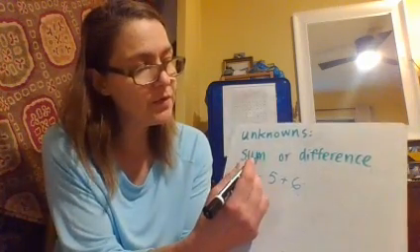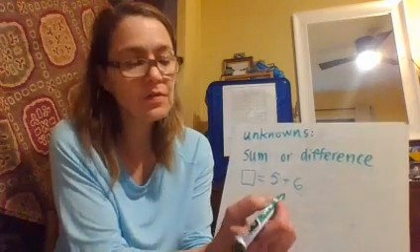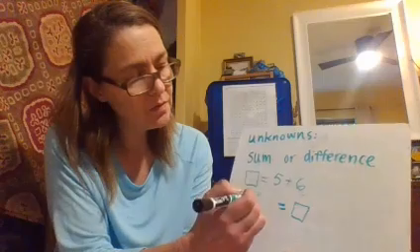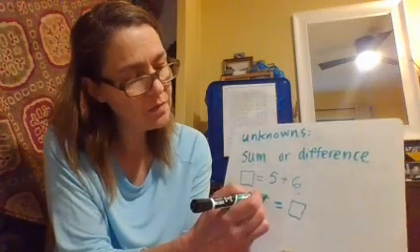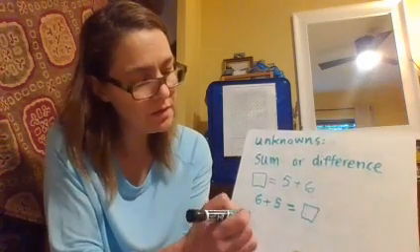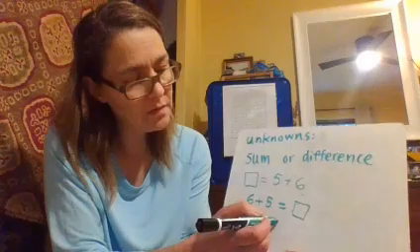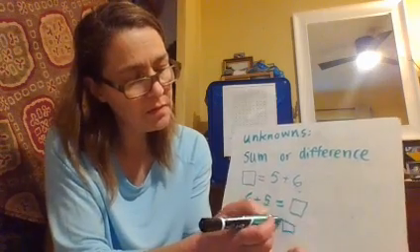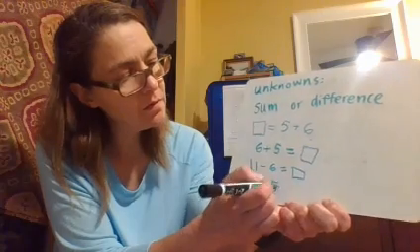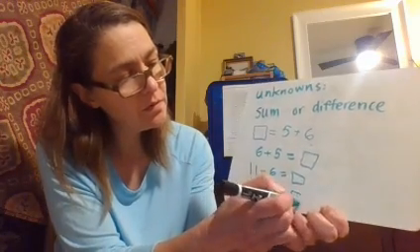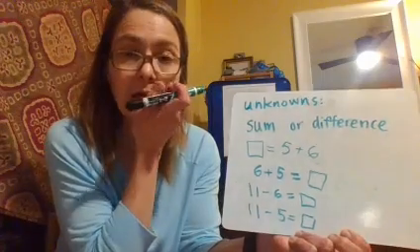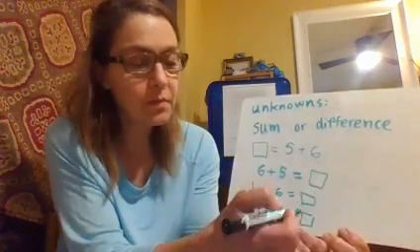So when you're looking for the sum or the difference, okay, and if it's a subtraction, you're looking for the difference. Okay, but it's always on the other side of the equal sign, the unknown, the box.